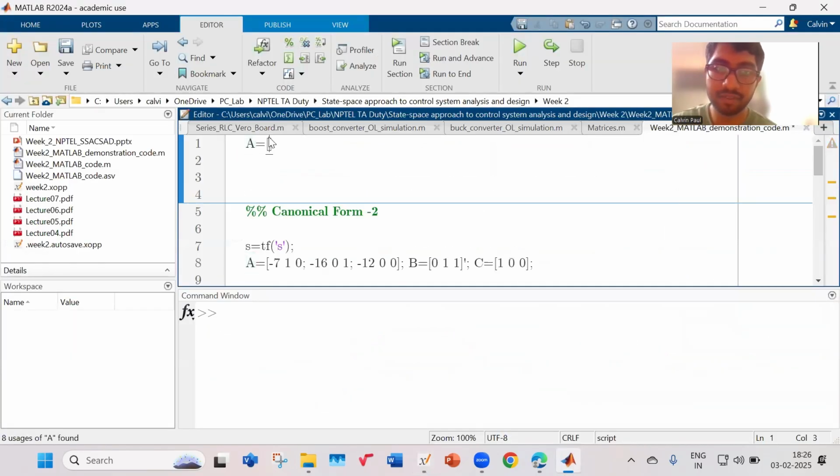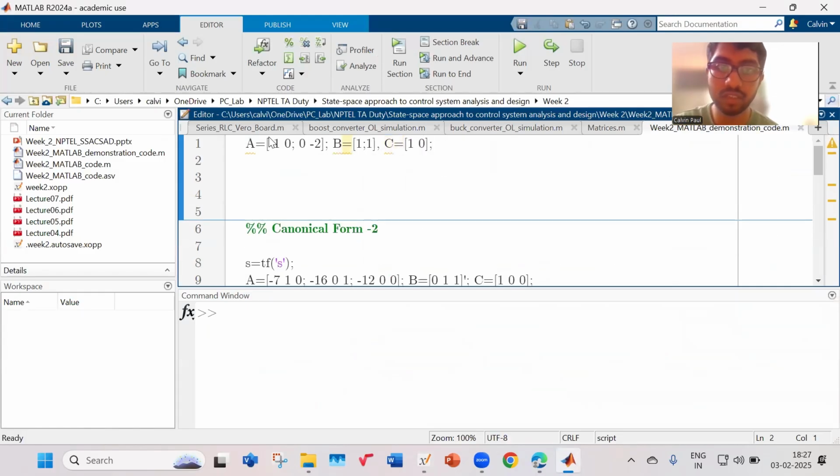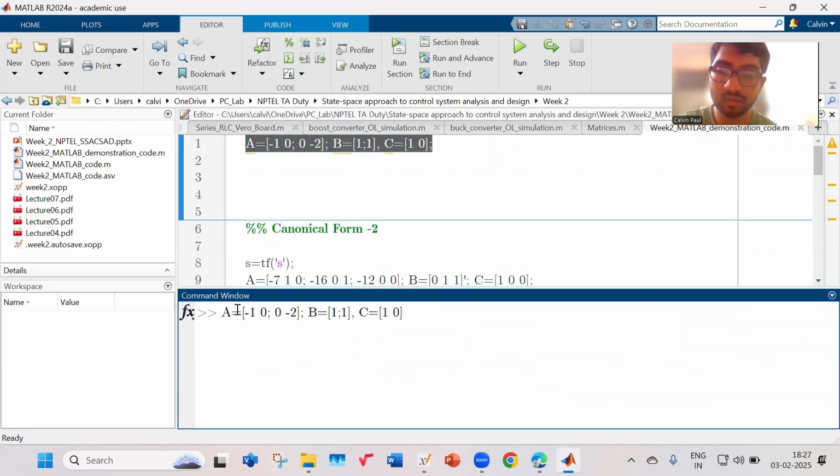Our A is equal to [-1, 0; 0, -2]. B is equal to [1; 1]. And C is [1, 0]. Okay, so let me run this section. So what do we get?